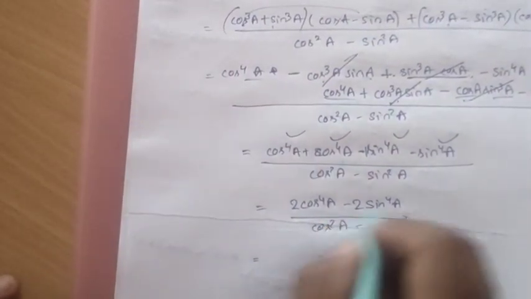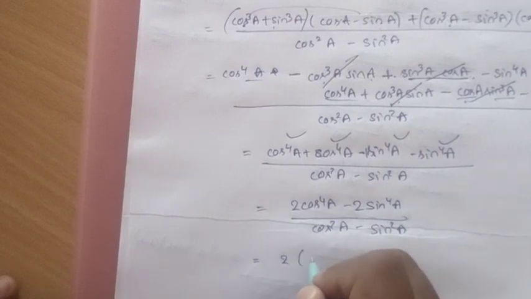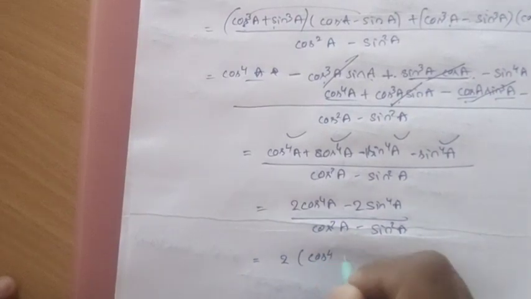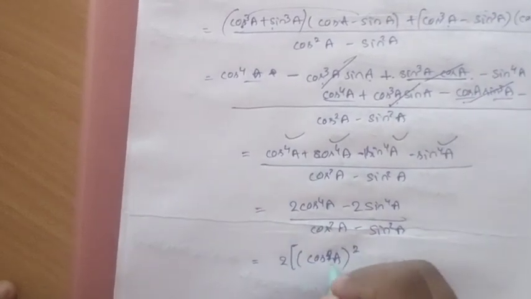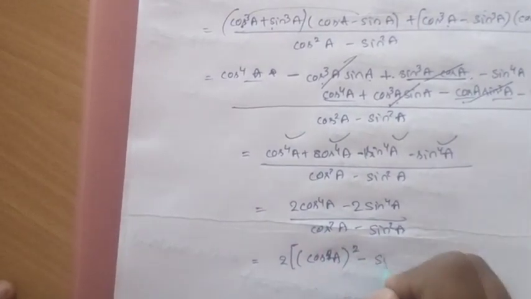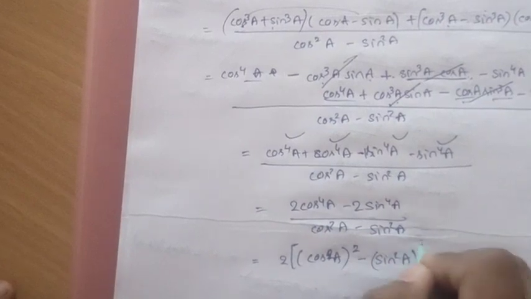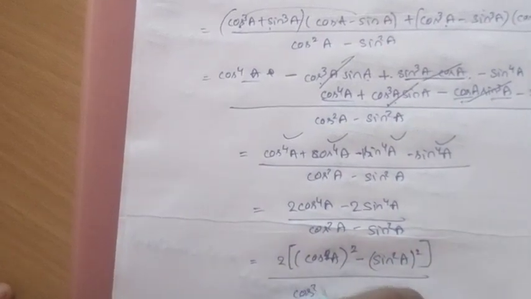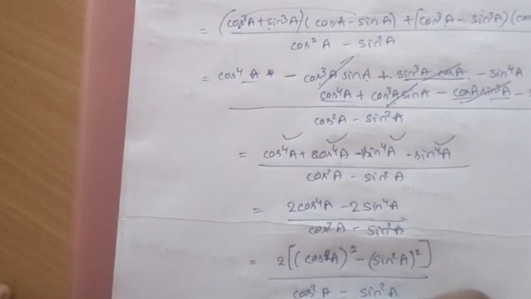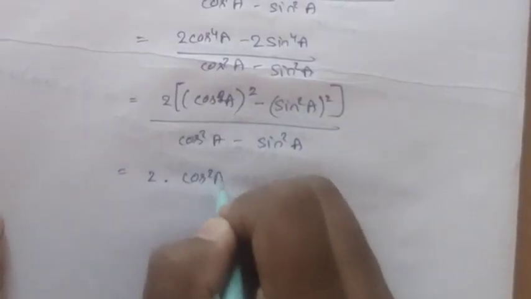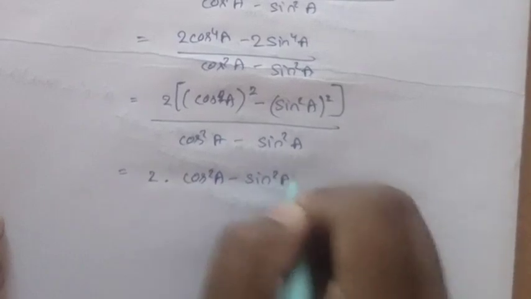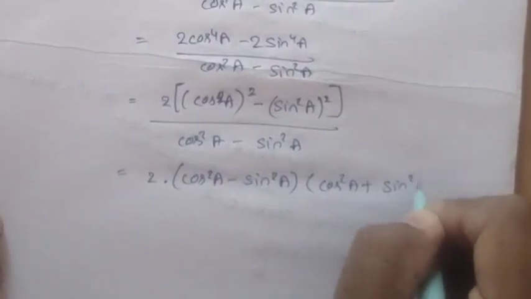So then at last, if we take 2 common, this can also be written as cos square a whole square minus sin square a whole square, whole dividing by cos square a minus sin square a, right? So now this can be written in the form of 2 into cos square a minus sin square a into cos square a plus sin square a, right?